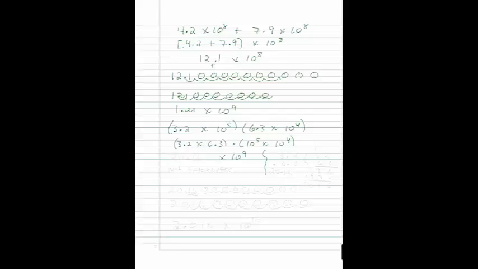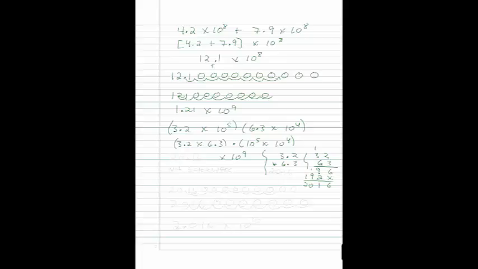Then we need to do 3.2 times 6.3. So we realize we have two decimal places, 1, 2, so we ignore those and we take 32 times 63. 3 times 2 is 6. 3 times 3 is 9. 6 times 2 is 12. 6 times 3 is 18 and 1 is 19. 6, 11, carry 1, 19 and 1 is 20.